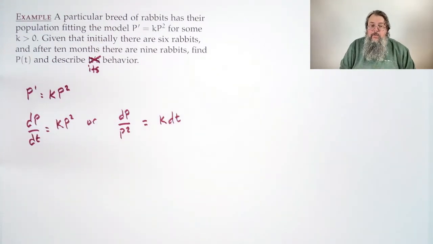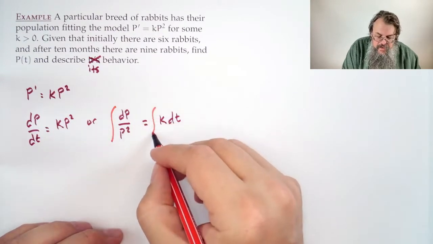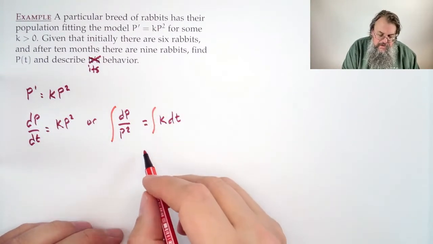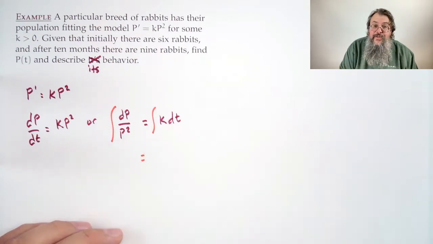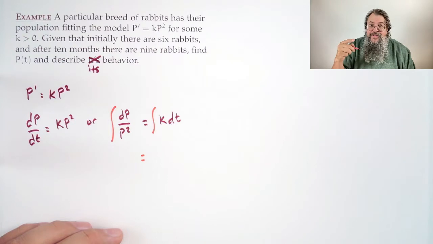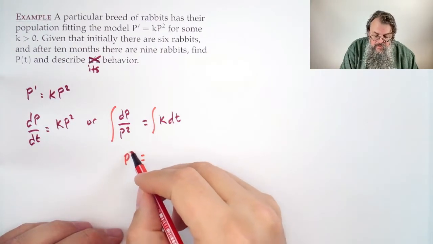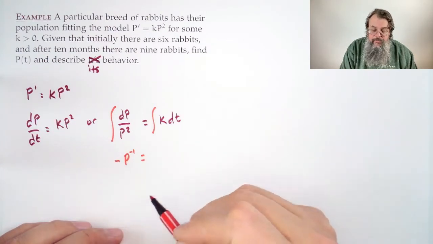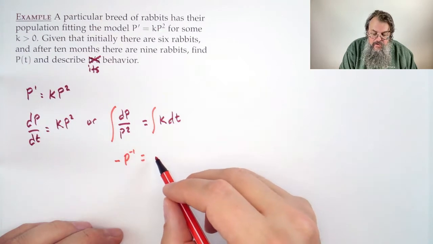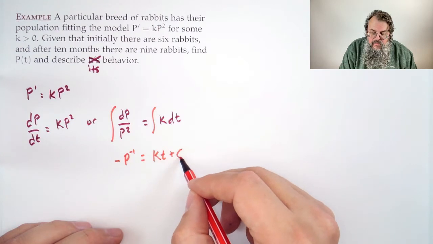And now we're like, great, we've separated, and we know after separation comes integration. Integrate. Well, okay, the left-hand side, you can think of this as p to the minus 2. So you would say, okay, if it's p to the minus 2, add 1 to the exponent, which would give you p to the minus 1. Then you have to divide by that new exponent, so that's minus p to the minus 1. Over here, well, we would have k times t plus some value c.